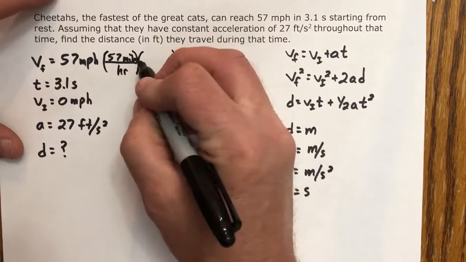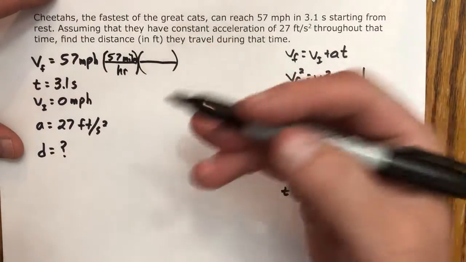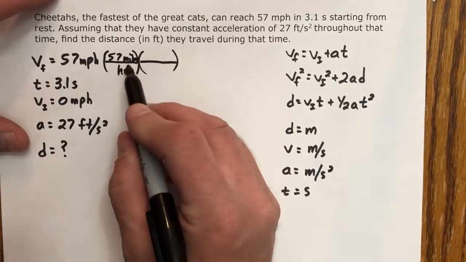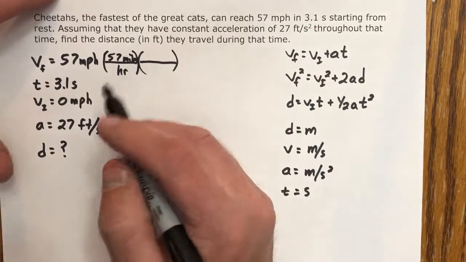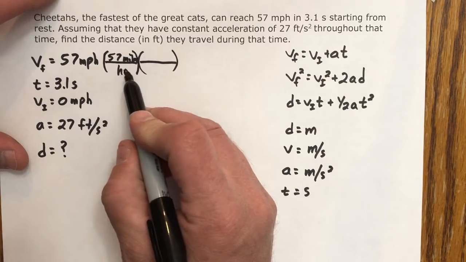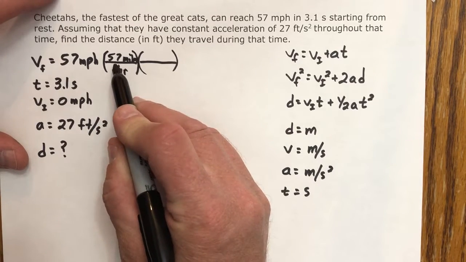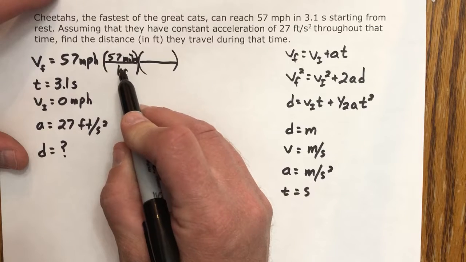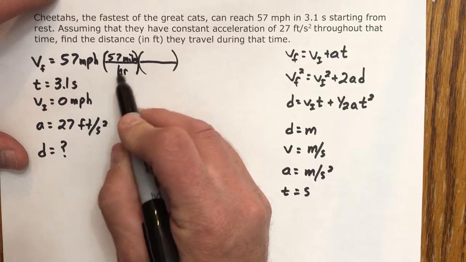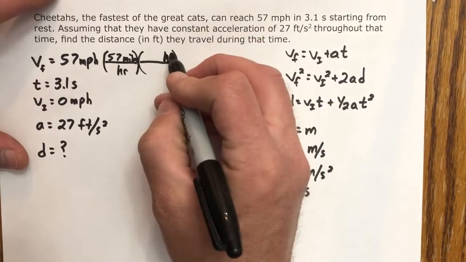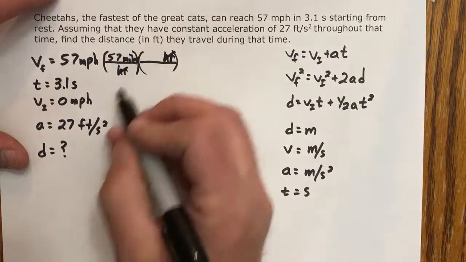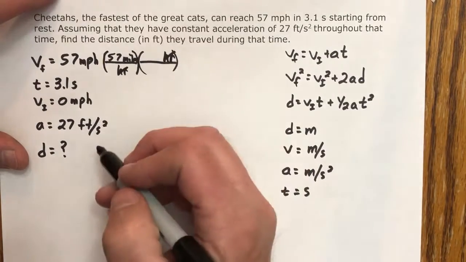Okay, now this is called unit cancellation because the units tell you what to do. You can do the miles into feet or you can do the hours into seconds. It doesn't matter, either one. So we're going to do hours into seconds first. Since this is in the denominator, at the bottom of the fraction, we're going to put it on the top of the fraction and cancel it out like we would if it was just 3 divided by 3 times by 3, they cancel.